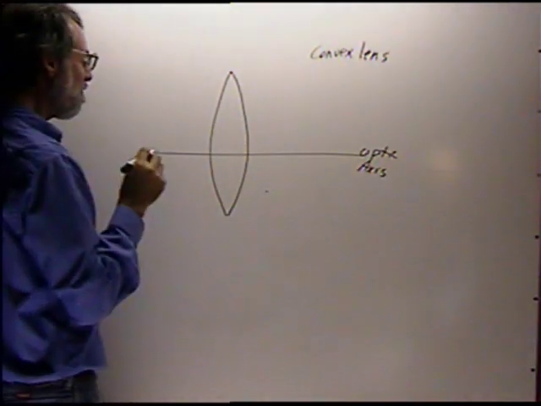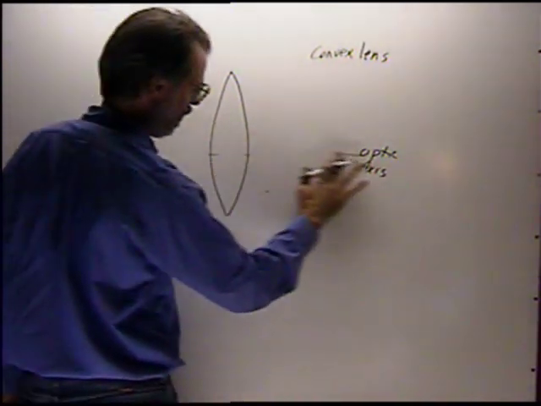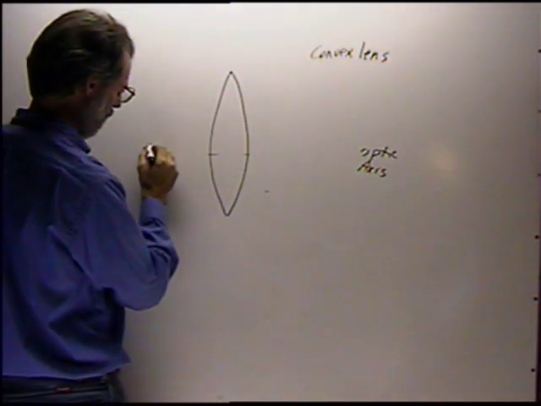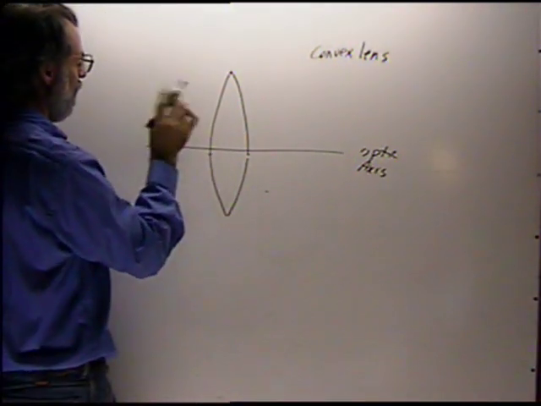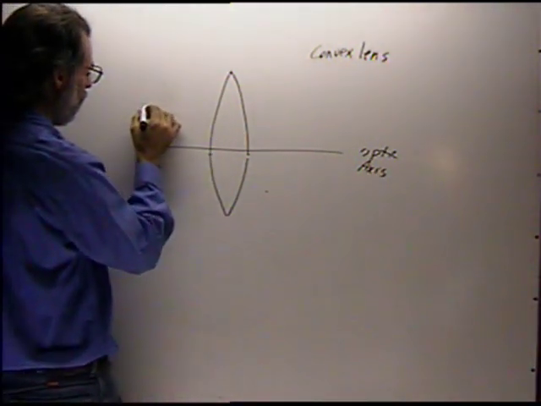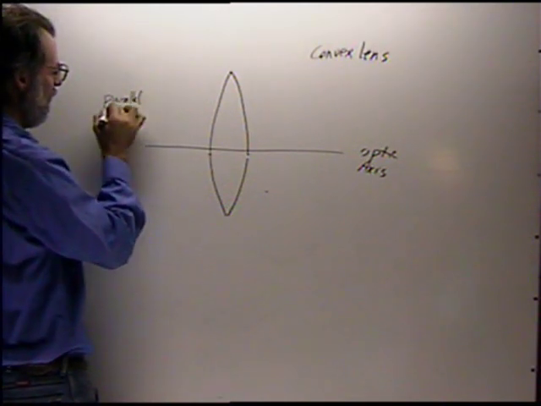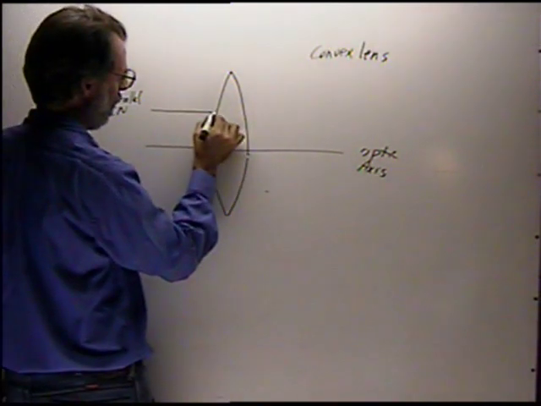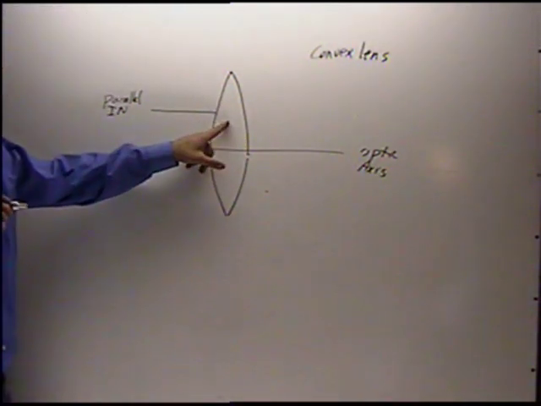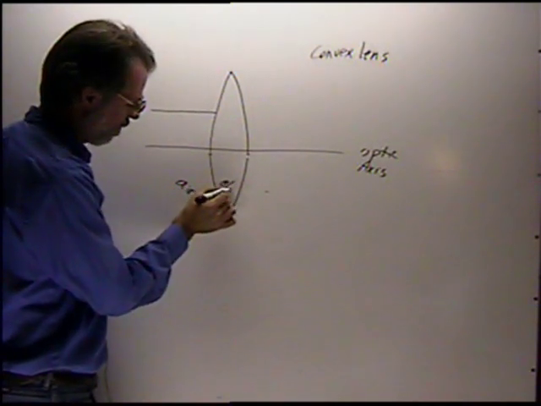Now, I didn't exactly draw the optic axis right in the middle, did I? Now, if we have a parallel incoming ray, when you get to the glass, remember this is air and this is glass.